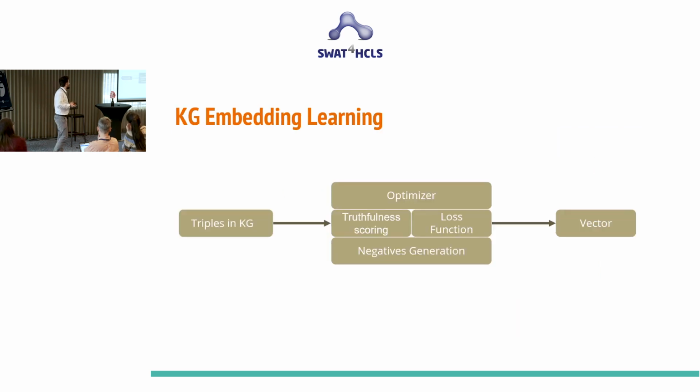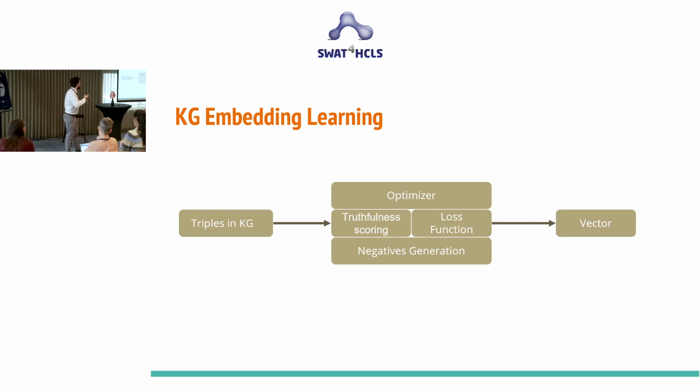So let me give you more about the embedding model. Typically an embedding model takes a knowledge graph as triples, and then starts with a random embedding for each node and relation representation.